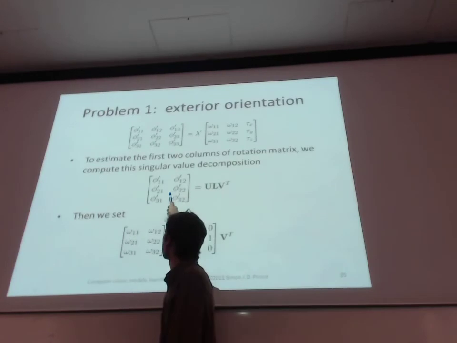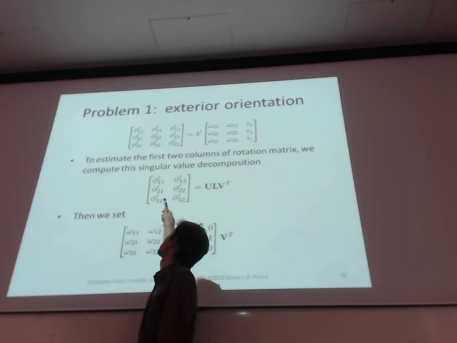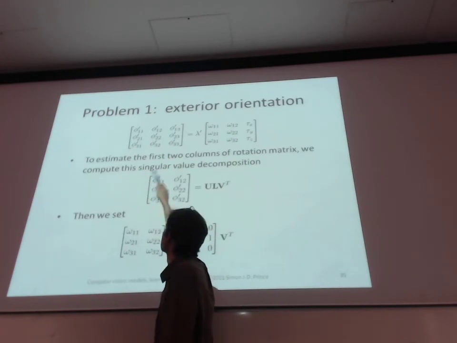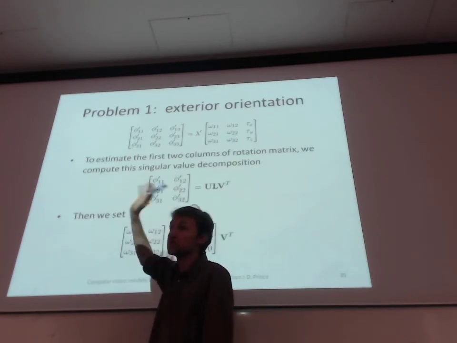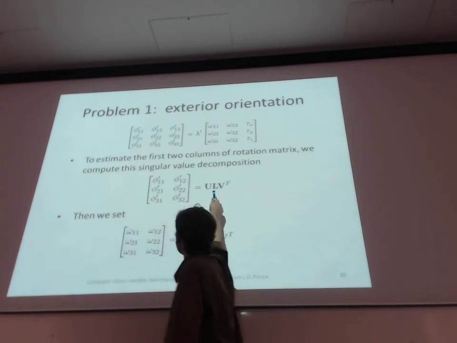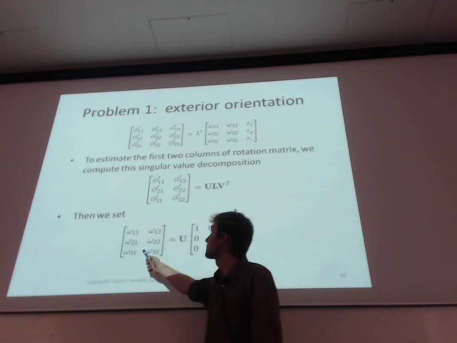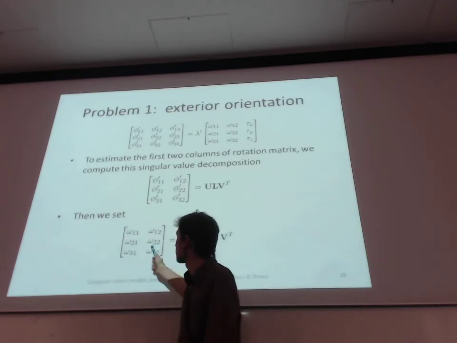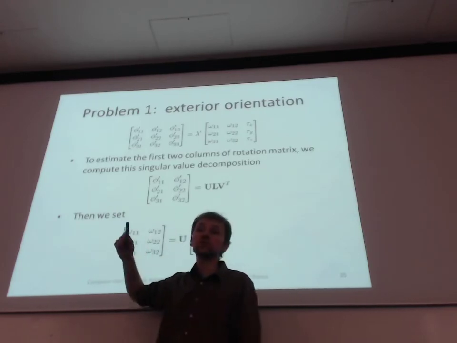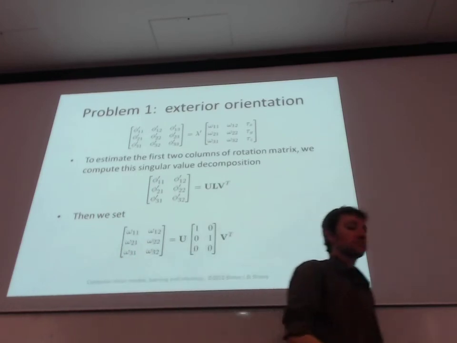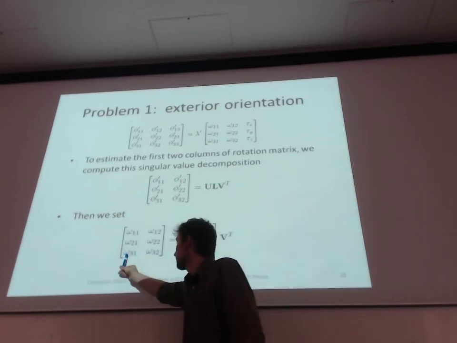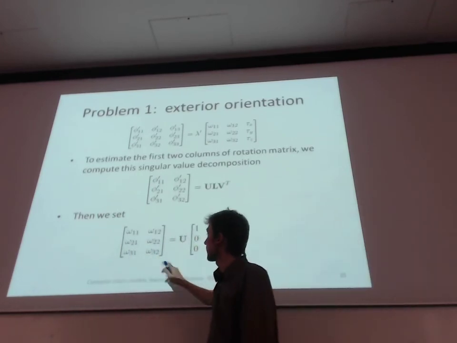So this is how we could find our first 2 vectors of rotation, right? We take the first 2 columns of that, save the last column for later. We're going to need that for translation. We do the SVD decomposition, and use the U and V transpose to reconstruct the first 2 components, so the first 2 columns of our rotation matrix. And then we take this one cross this one, that will create the third one.